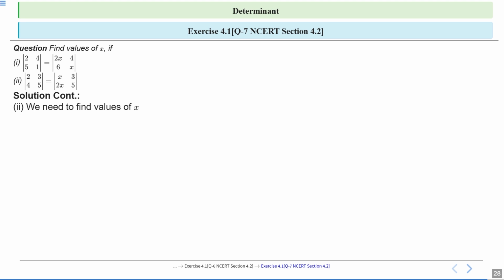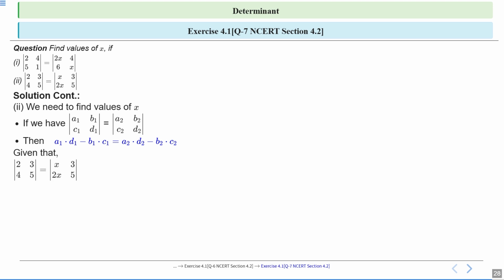Now we need to find the value of x for the second, and we know that if two determinants are equal, then the determinant of the first, a1 into d1 minus b1 into c1, is equal to a2 into d2 minus b2 into c2. So given that the determinant of [2 3; 4 5] is equal to the determinant of [x 3; 2x 5], apply the above formula.